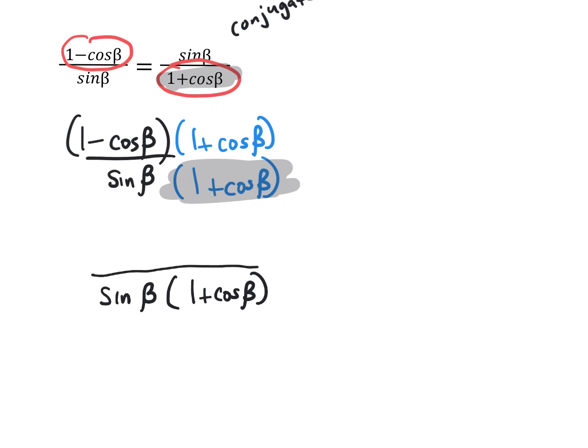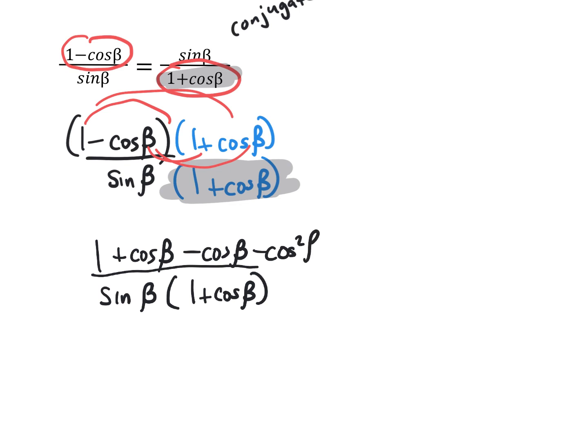Now for the numerator, we have these two binomial expressions. I am going to FOIL. So 1 times 1 is 1. 1 times cosine beta is positive cosine beta. Minus cosine beta for the inner, and then minus cosine squared beta.